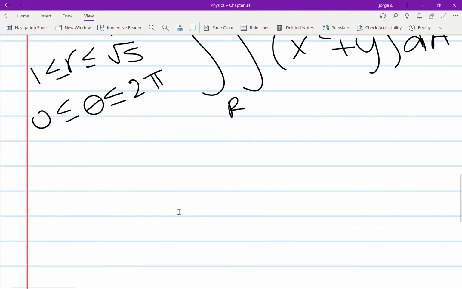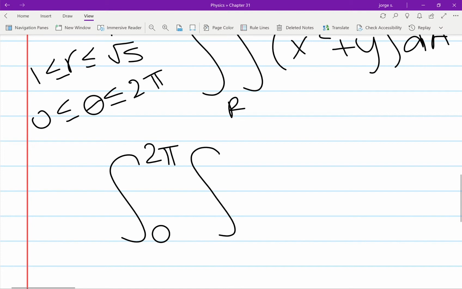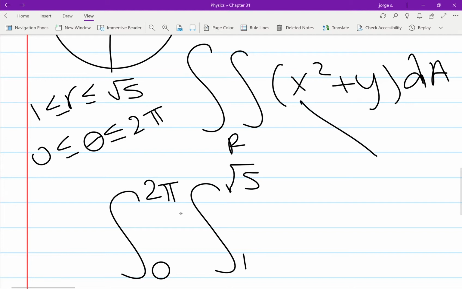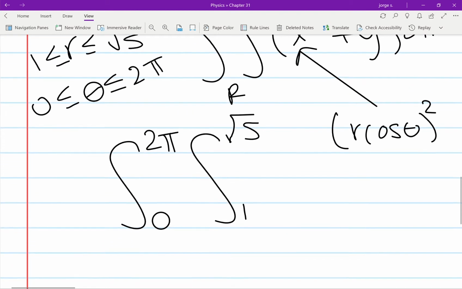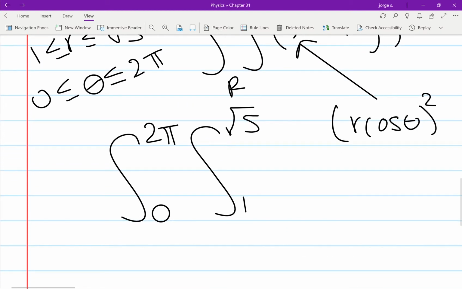So now that we know that, we'll set up the integral. First one goes from 0 to 2 pi. Second one from 1 to rad 5. We know that x is r cosine theta, as we mentioned in the beginning, but we square it, and we also know what y is.